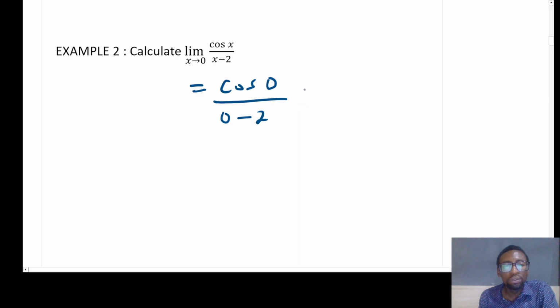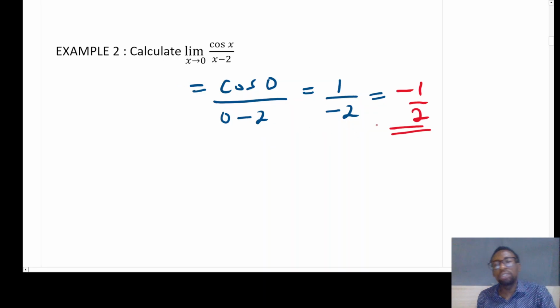Cos 0 is 1, and 0 minus 2 is minus 2. So my final answer is minus 1 over 2. The limit of this function is minus 1 over 2. Let's move on to the next example.